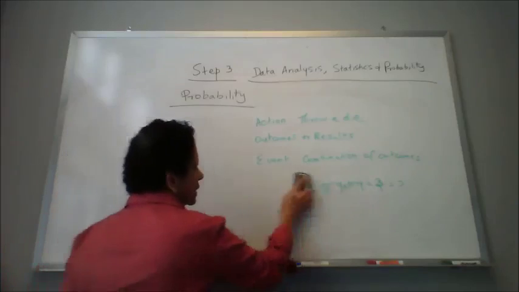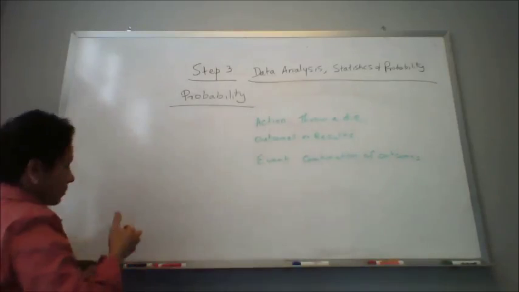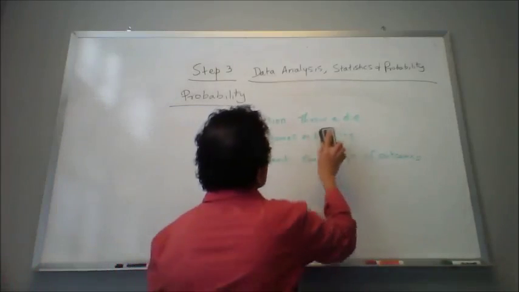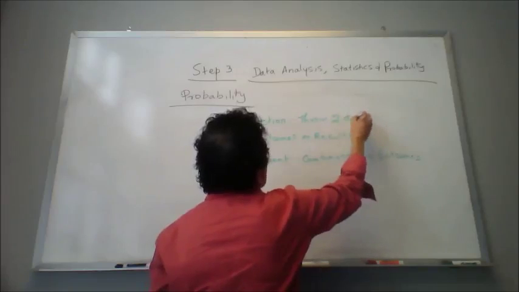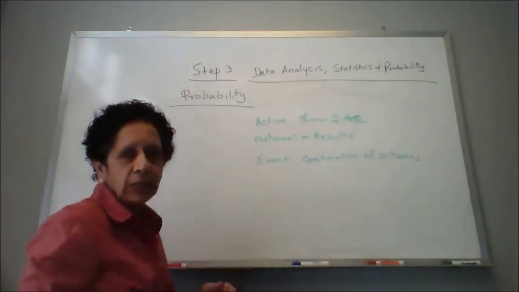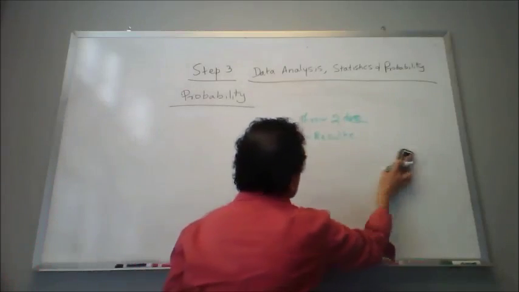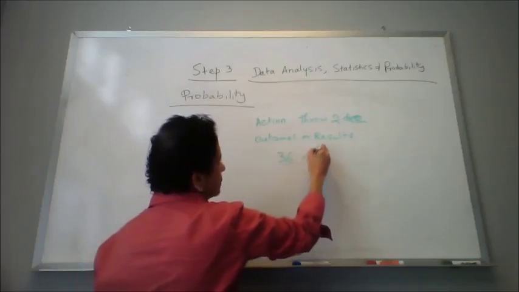So let's write that down here. Whenever you are rolling 2 dice, I just showed you there are 36 possible outcomes. That's the total number.